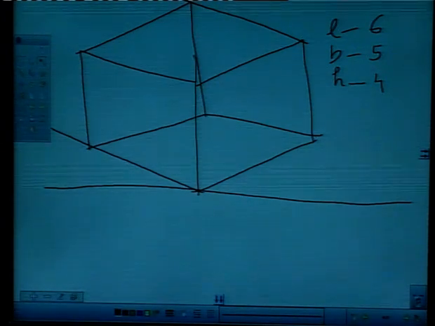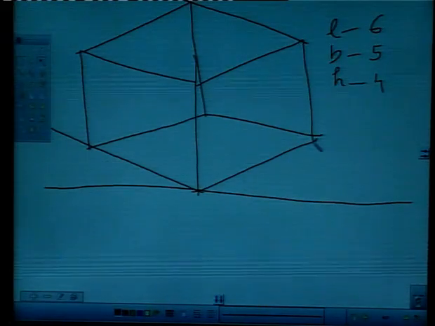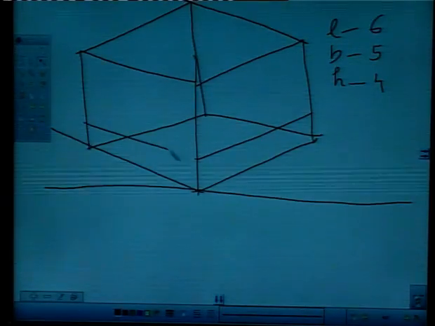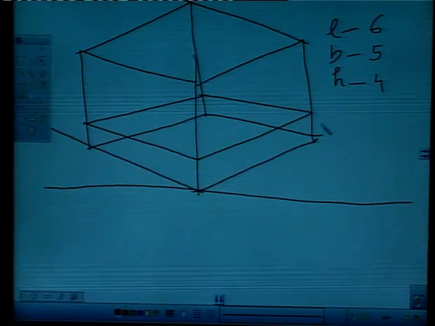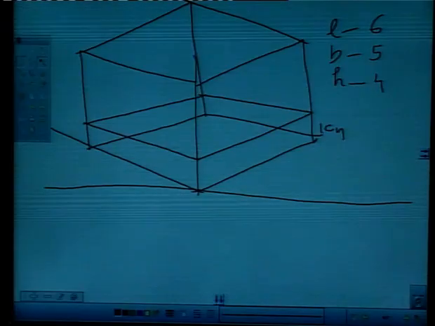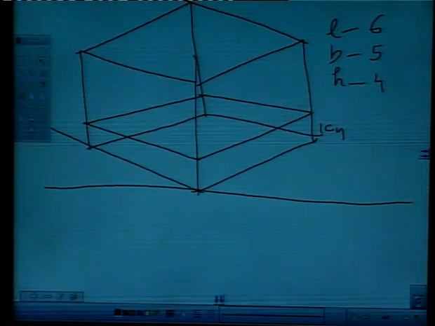Then we solved the base. For solving the base, we marked the height of the base. It was 1 centimeter given to us. So, we have marked 1 centimeter and completed our base, right. The base was having a chamfered corner.